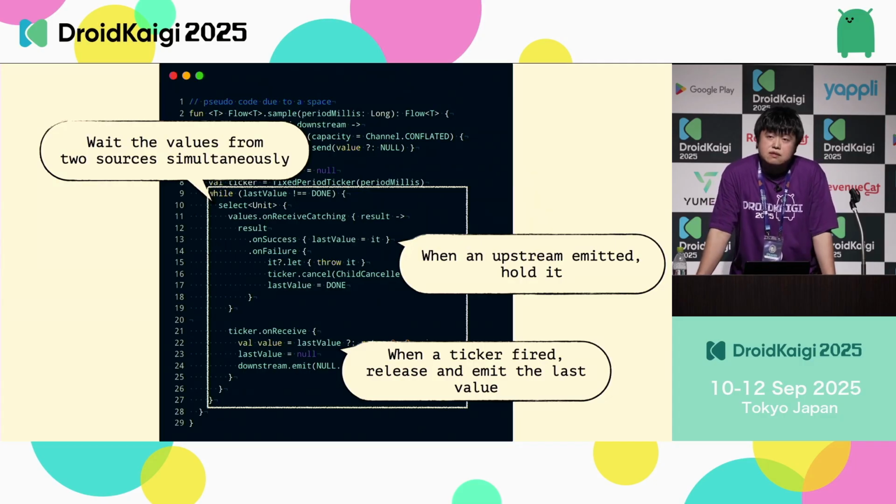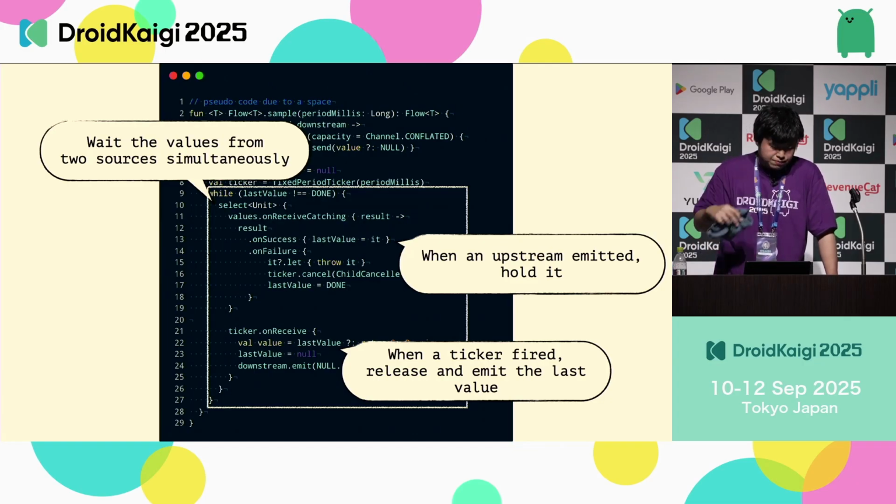After preparing the sources, sample uses the select API to wait for the first-come value from these multiple suspending functions. When an upstream emits a value, sample holds it and waits for the next value from the two sources again. When the ticker fires first, sample emits the held latest value of the upstream to the downstream.